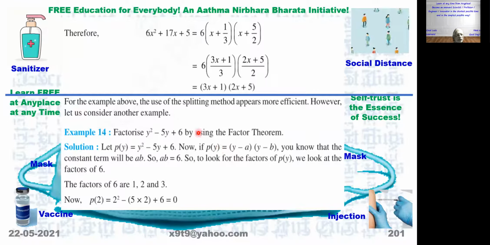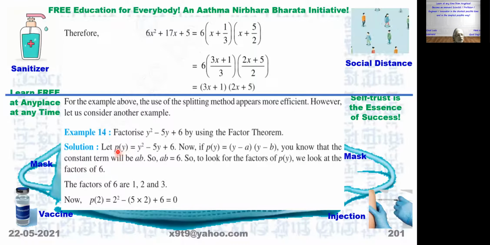Now consider another example. Here it is important to note that the letter used as the variable is changed to y. So our equation will be in terms of the variable y.